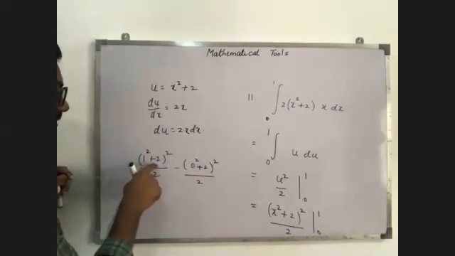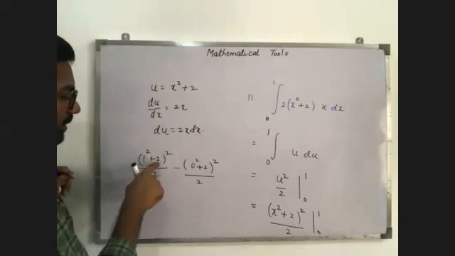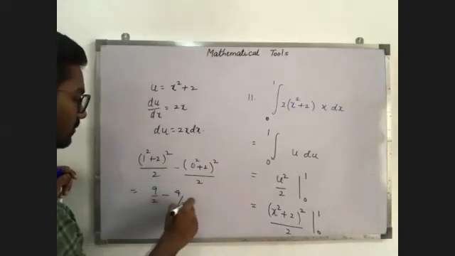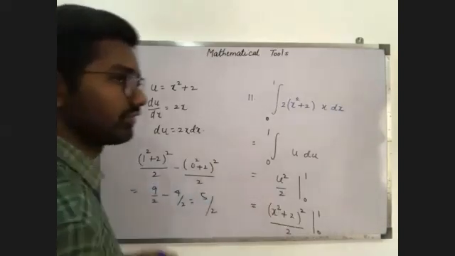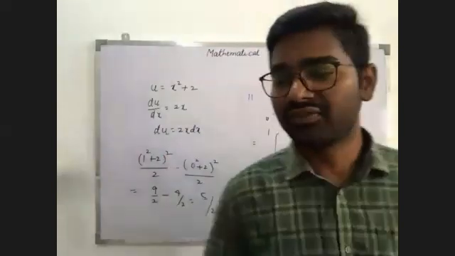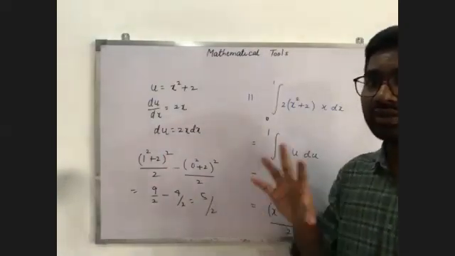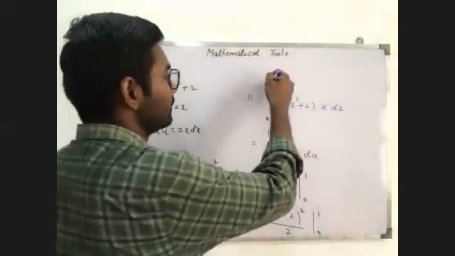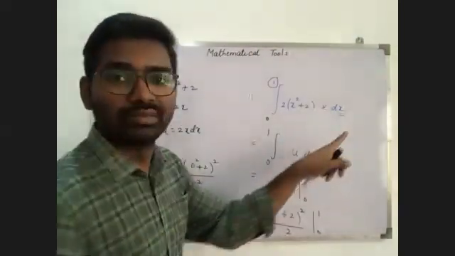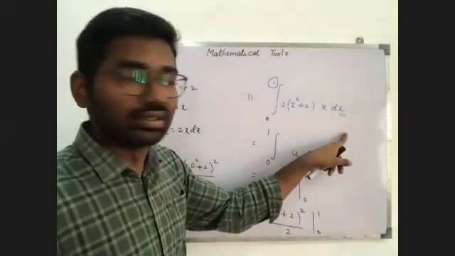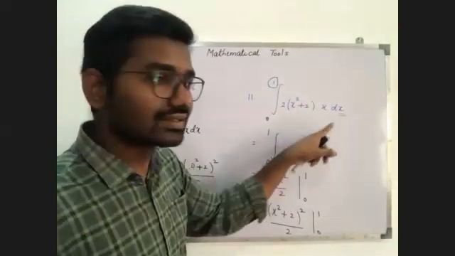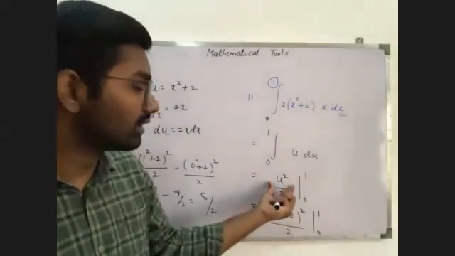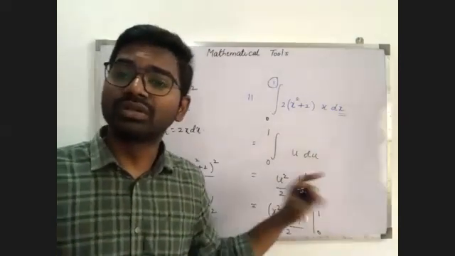This is nothing but 1 plus 2, 3 square, 9 by 2 minus 4 by 2. So can I say that I get 5 by 2? So easily also we get 5 by 2. But what we need to understand in the substitution method is that this limit is for variable x. So first integrate by substitution, put the original function and then put the limit.